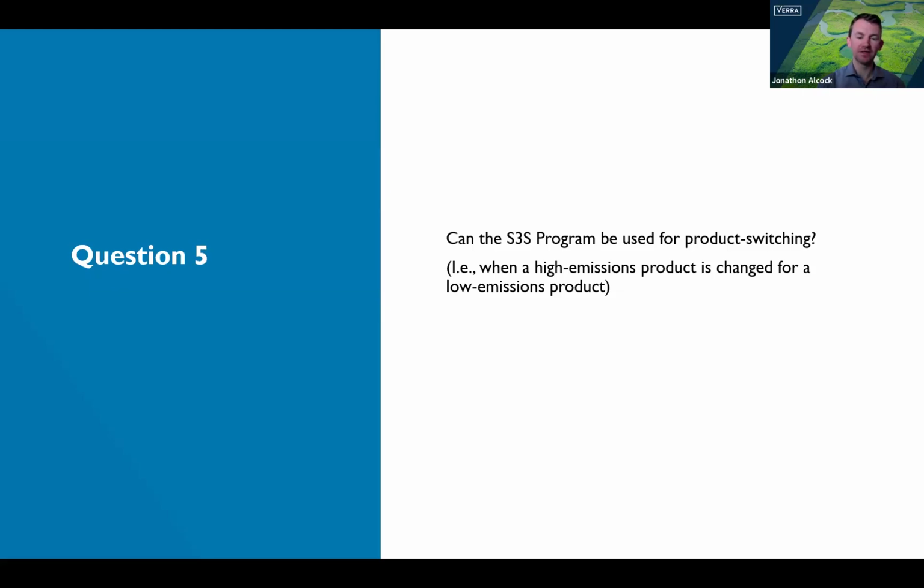And so this might be a case of a product switch where it might be more useful to use the Scope 3 standard program to quantify that change or that activity. The Scope 3 standard program also adds on verification and certification. And so that might also be another reason for using the Scope 3 standard program for a product switching activity.